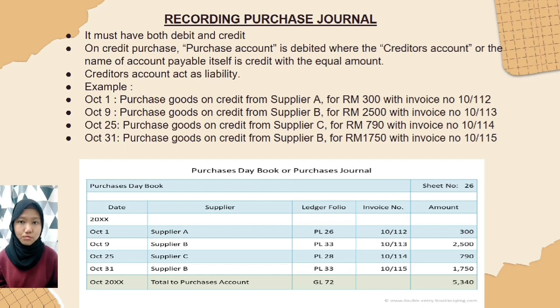And 31st October, purchase goods on credit from supplier B for RM1,750 with invoice number 10/115. And on the last day of the month, we will count the total of credit purchase transactions that happened in that month.